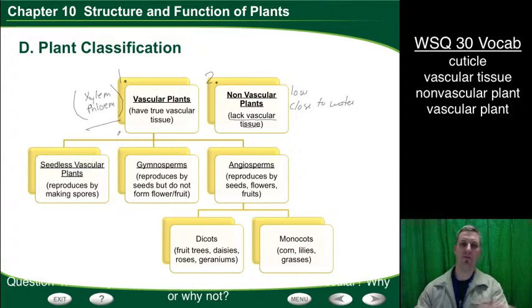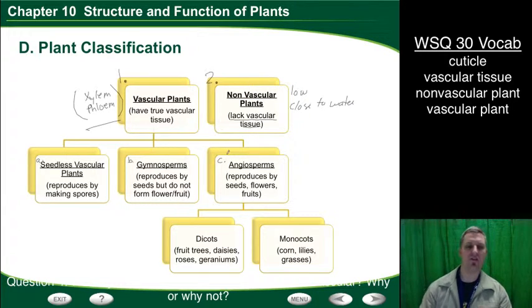Vascular plants can further be broken down into three groups, what are called seedless vascular, gymnosperms, and angiosperms. Seedless vascular plants are plants that reproduce by making spores. Those are, for example, ferns. Okay, ferns reproduce by making spores.